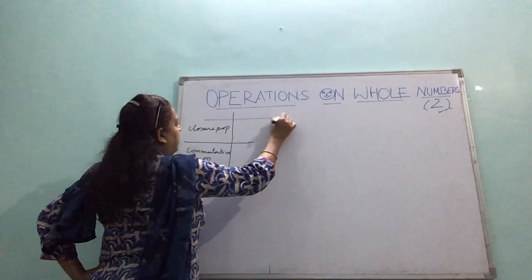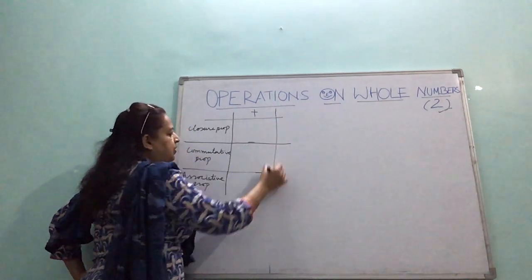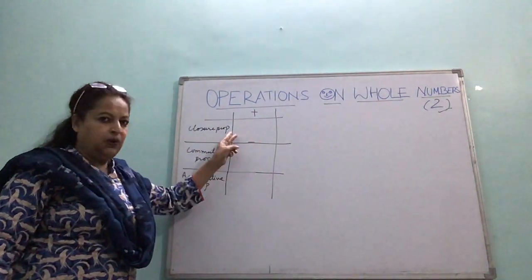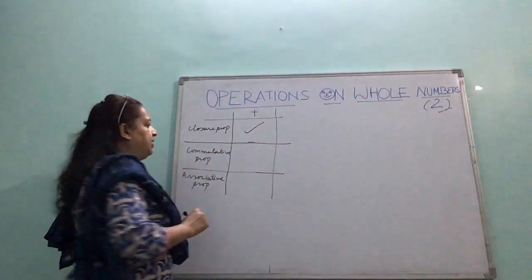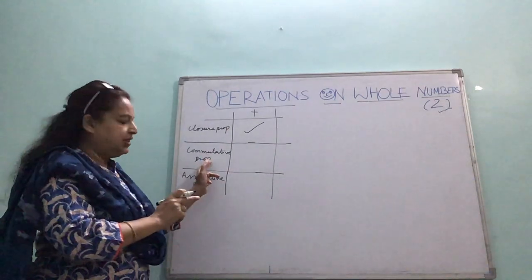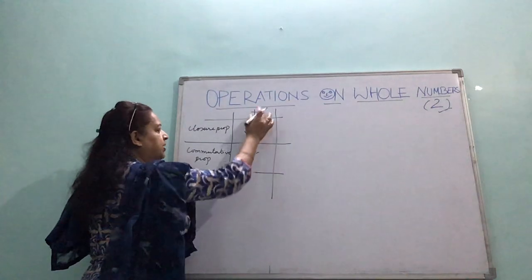Well, for addition, just to recap, children, if you add two whole numbers, it would always be a whole number. That means it is showing closure property. While adding two numbers, if the order is changed and you still get the same result, it shows commutative property.